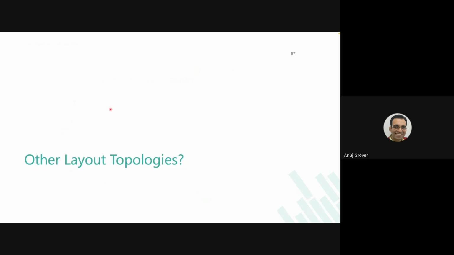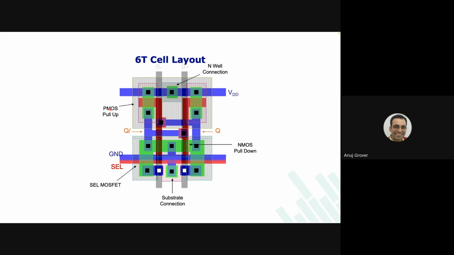So now, while I directly took you to the most commonly used layout topology of the day, this is one topology that was used very commonly earlier. Now, this is a U-shaped active. Look at this.